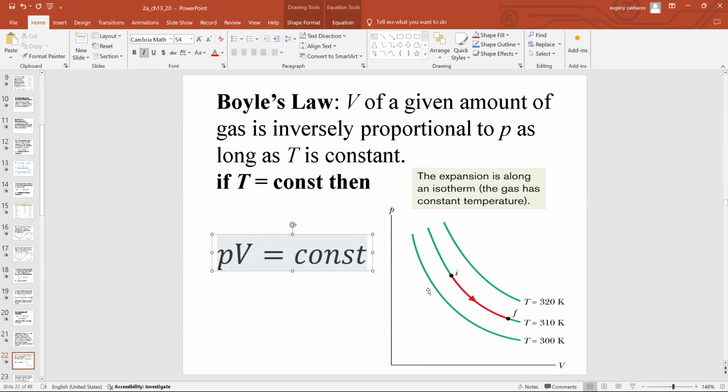So your Boyle's law is part of the ideal gas law when temperature is just held constant. So do not change the temperature. You will see how pressure and volume depend on each other. See, for temperature of 320 degrees, you go through this graph. So what do you have here? You have a higher pressure, less volume.